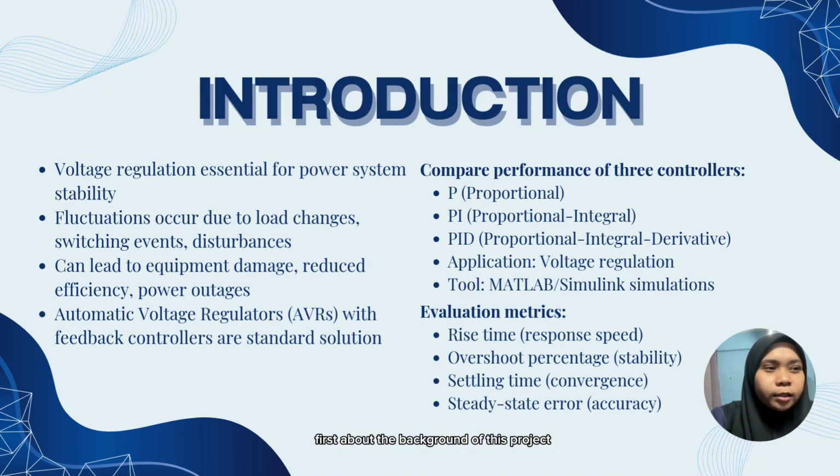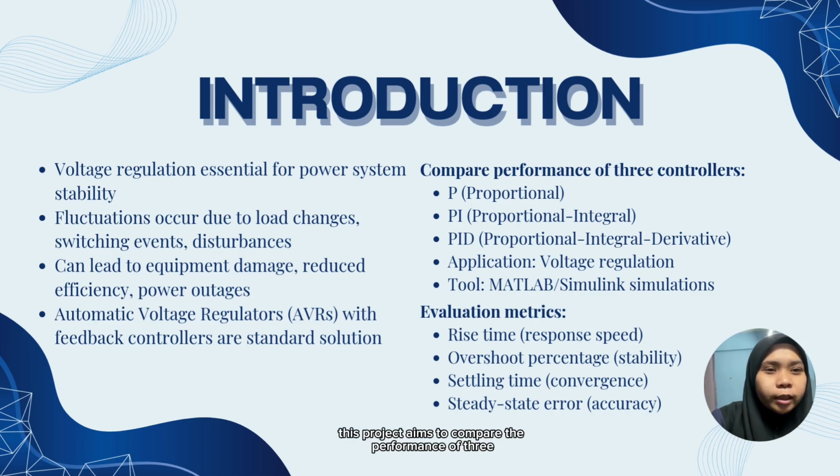Background of this project: in power systems, maintaining stable voltage is critical for the safe and efficient operation of electrical equipment. Voltage fluctuation due to load changes or disturbance can cause equipment damage and power supply disruption.